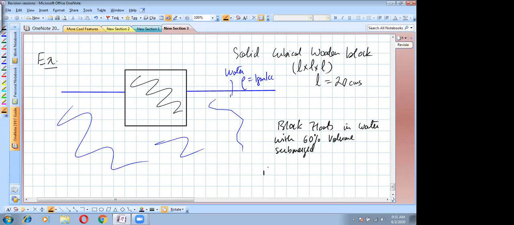Okay. So first part is we have to find the density of the wood, which is directly formula based. Okay.